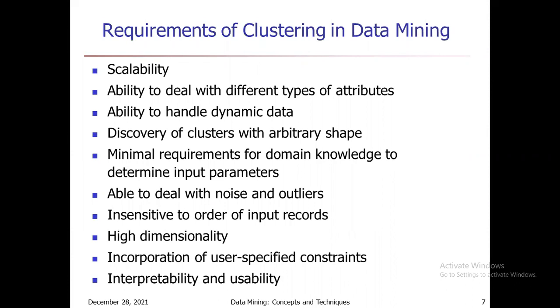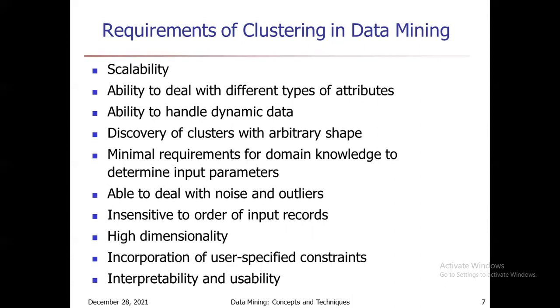Minimal requirements for domain knowledge to determine input parameters, and the ability to deal with noise and outliers. The outliers means you can say the unwanted data. That is called the outliers.